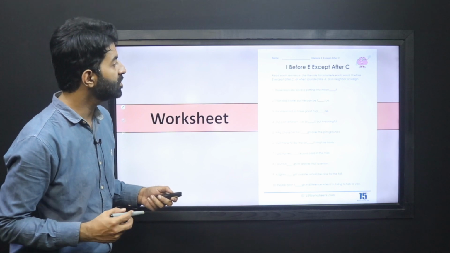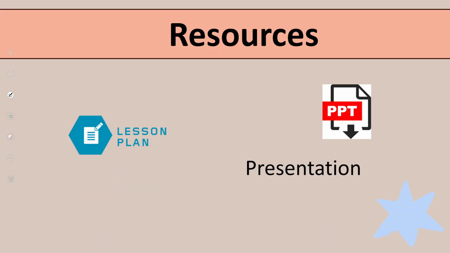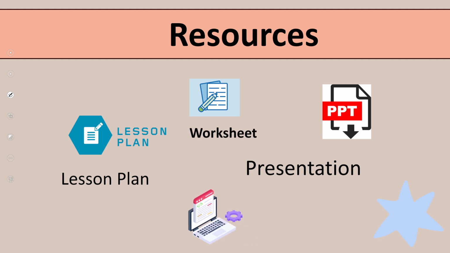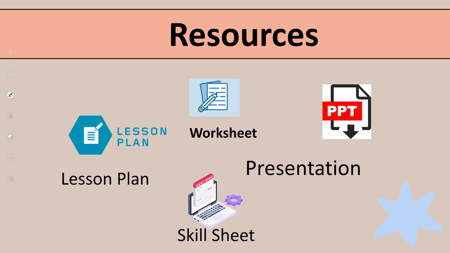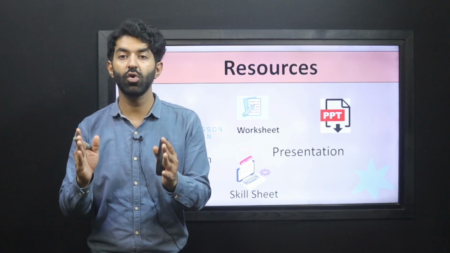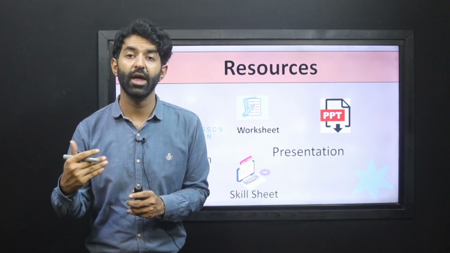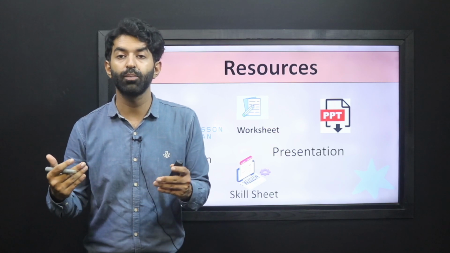This is your worksheet where you have to solve the worksheet of the I before E except after C rule, and all these resources are attached. Now, for the narrative poem, the homework is enough. There's no worksheet. You are just supposed to write a narrative poem. It has to be in a sequence.